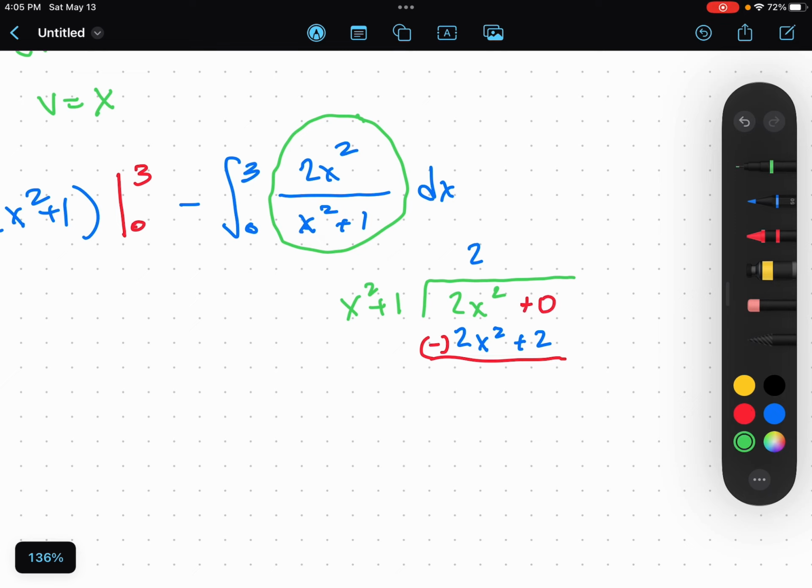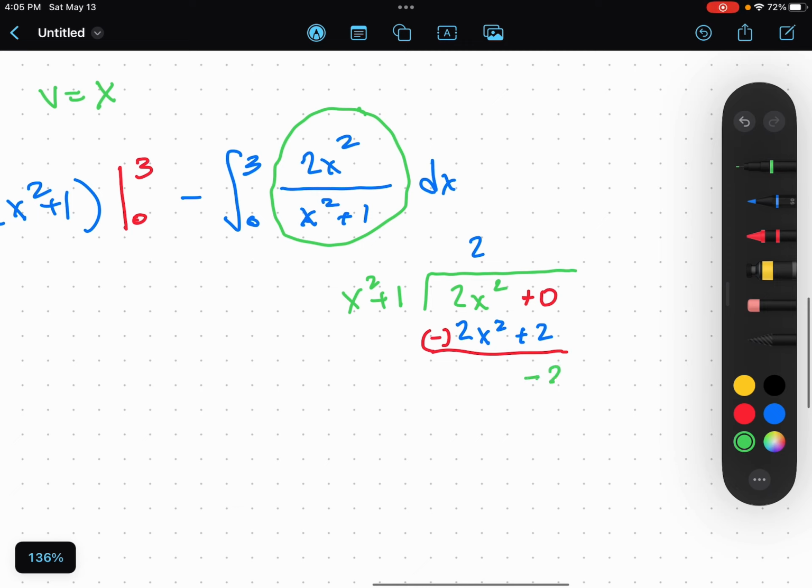And when I subtract down, I get 0 minus 2, or negative 2. So that negative 2 is then my remainder. And I finish the expression off by making this 2 minus 2 over x squared plus 1. That's my remainder.